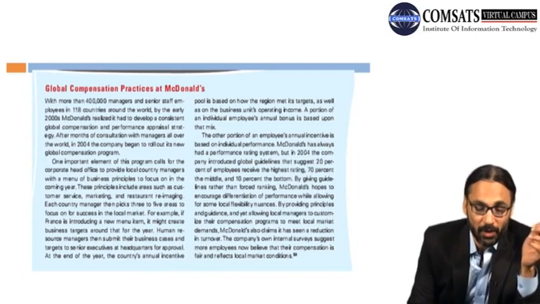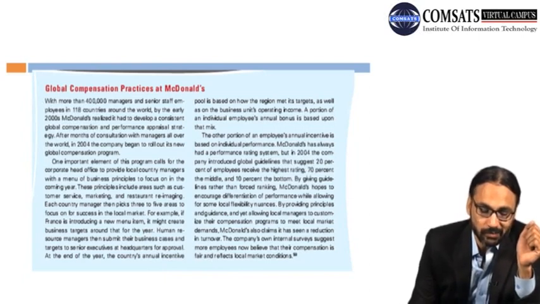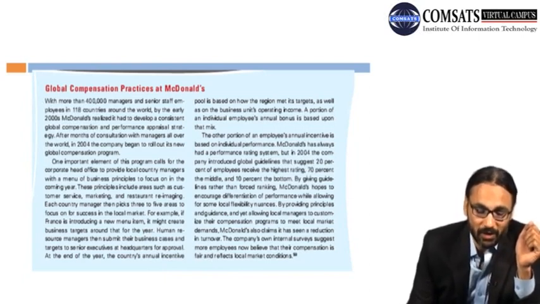One important element of this program calls for the corporate head office to provide local country managers with a menu of business principles to focus on in the coming year. These principles include areas such as customer service, marketing, restaurant re-imaging.